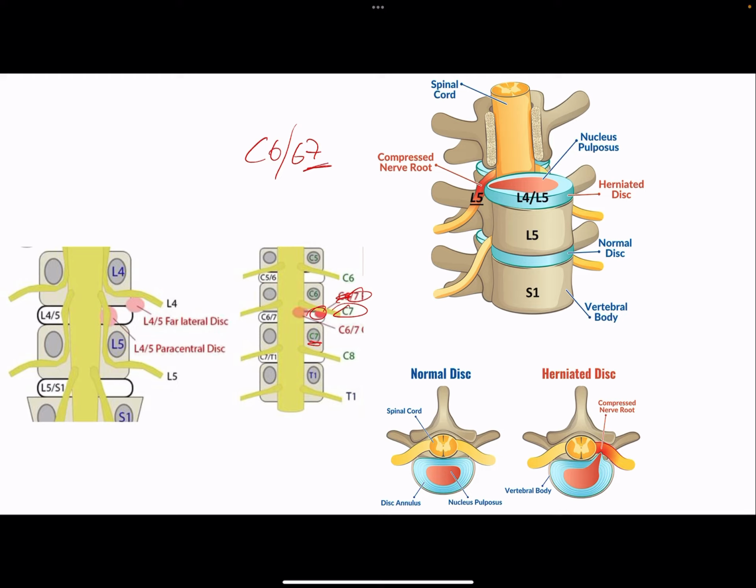Now, what about here? Here, I'm going to have the L4, L5 disc. And now, again, once we go to the thoracic and lumbar, the nerve roots exit below. So here's the L4 vertebra, so the L4 nerve root goes below. And here's the L5, and the L5 is going to go below. But another thing happens to kind of offset this, because we might now conclude that it's the L4 nerve root that's being affected.